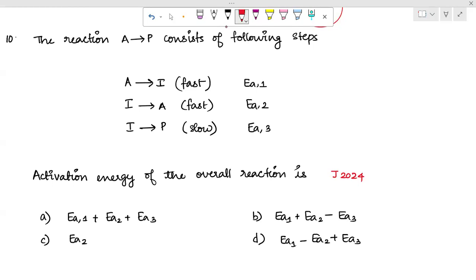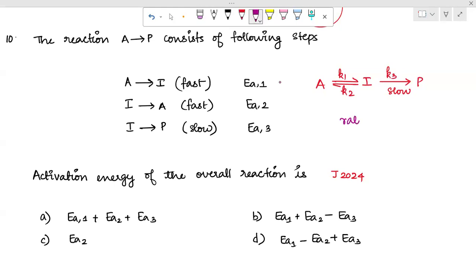What is given? A is reversibly becoming I, and this I is also becoming P, out of which this is the slowest step. Correct? So if I write this as K1, this is K2, this is K3, respective activation energies are also given.